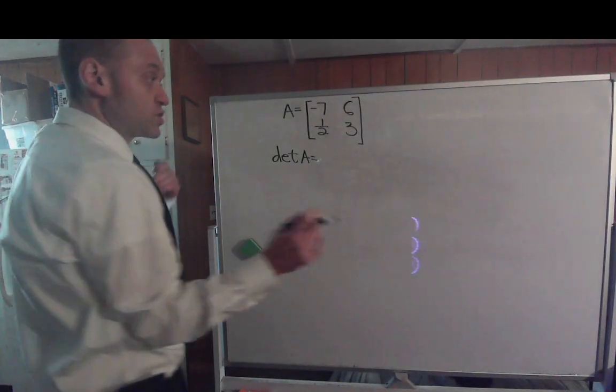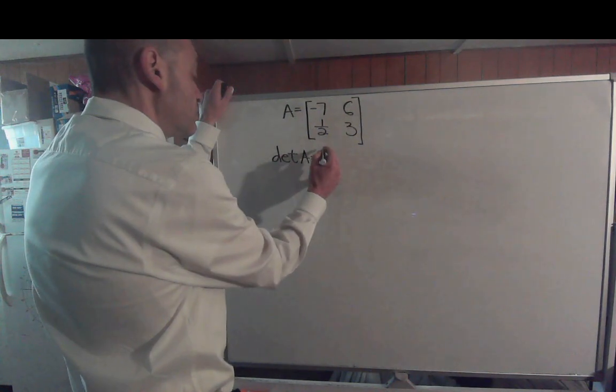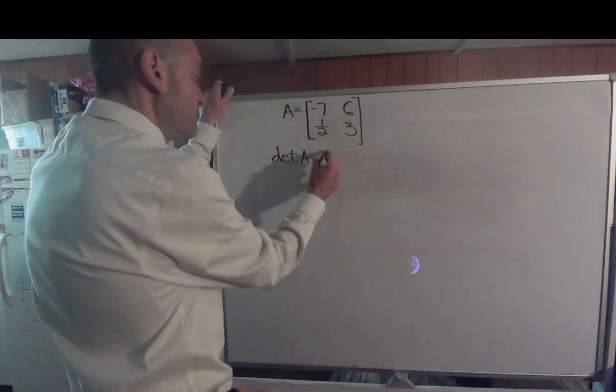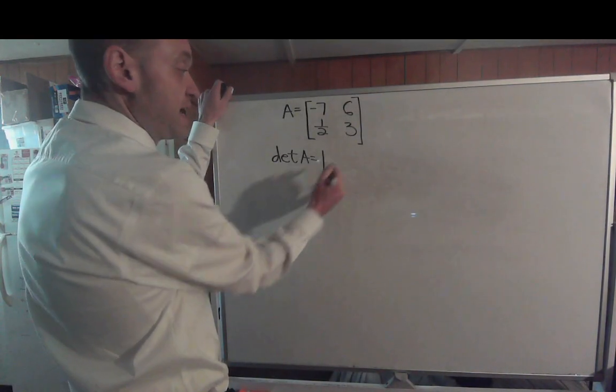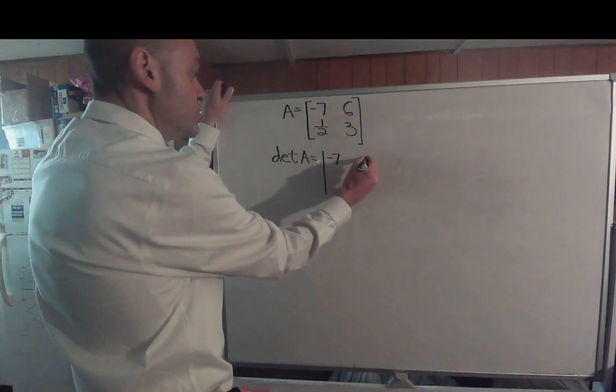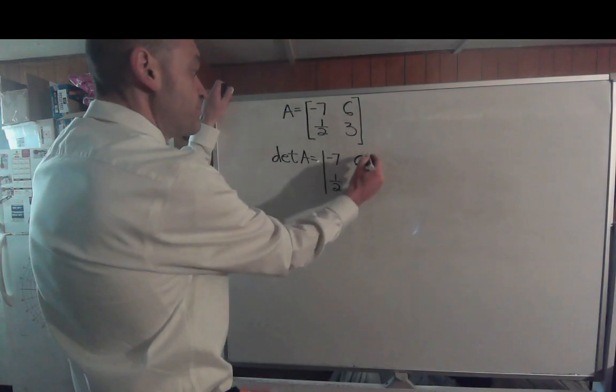You're going to, of course, keep your entries the same, but use this absolute value looking notation to indicate that you're taking the determinant of the matrix.